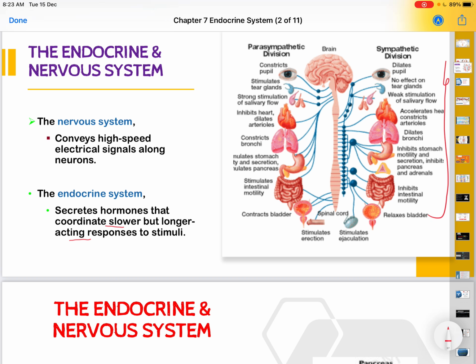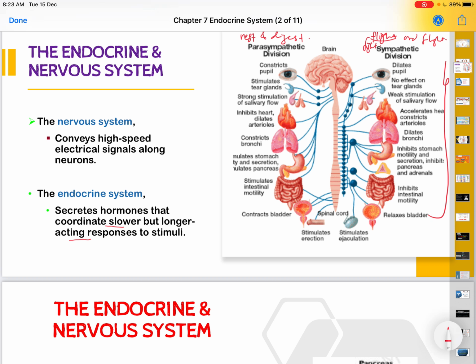Parasympathetic division is also known as rest and digest. Meanwhile, sympathetic division is also known as fight or flight.